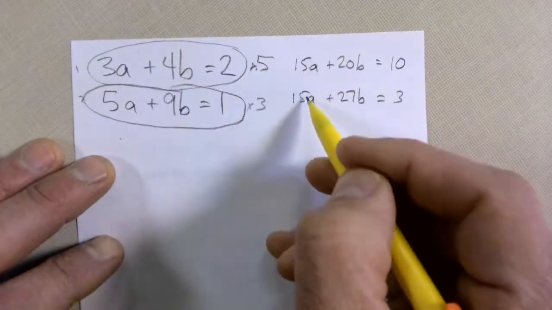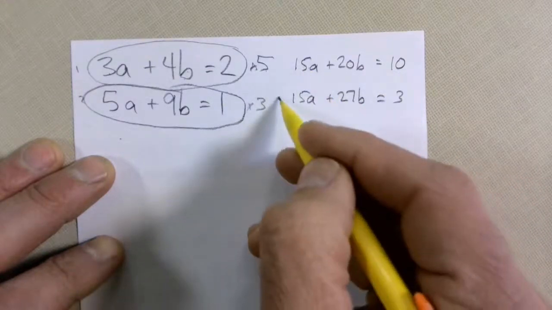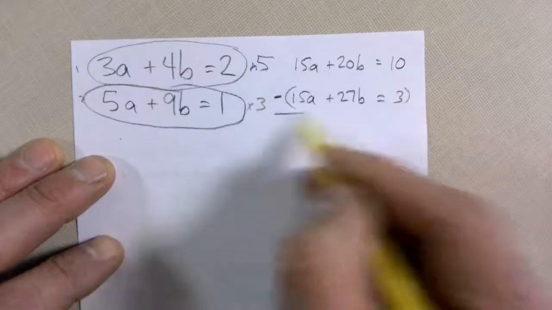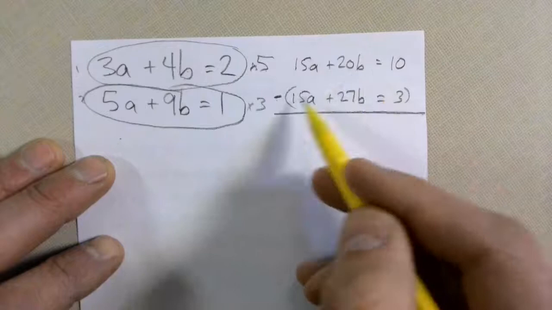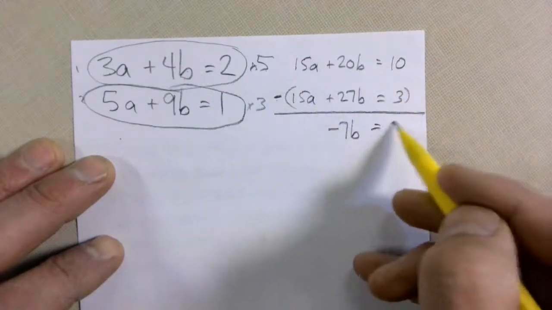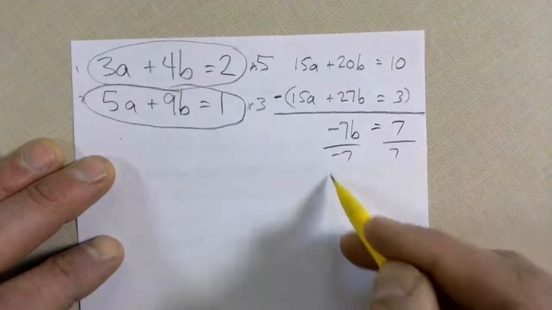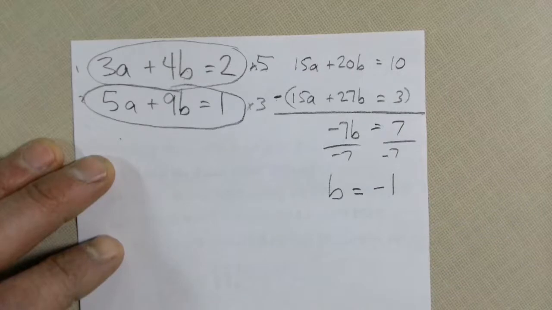Now I have the coefficient of a is the same in both equations. So I'm going to subtract the second equation from the first equation. 15 minus 15 is 0. 20 minus 27 is negative 7b. 10 minus 3 is 7. Solve for b, and I have b equals negative 1.